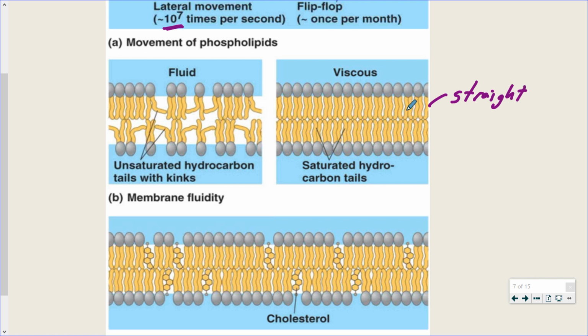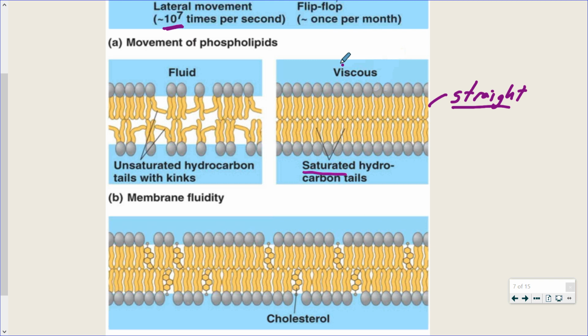Those tails allow the phospholipids to be fairly tightly packed together, and that makes the membrane less fluid. You don't need to know all the details, but these straight tails are referred to as saturated hydrocarbon tails in the lipid portions of the phospholipid bilayer.